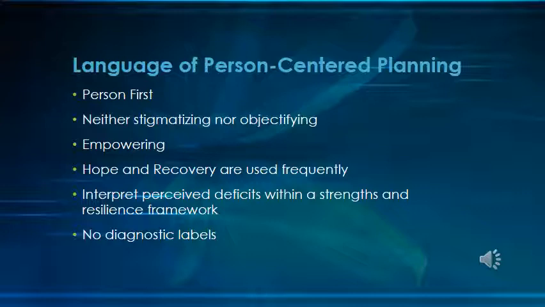Finally, we need to avoid using diagnostic labels as catch-all phrases as a means of describing the individual. For example, using the phrase, "This person is a 22-year-old borderline patient with such and such." These labels often yield minimal information regarding the person's actual experience or manifestation of their illness or addiction.